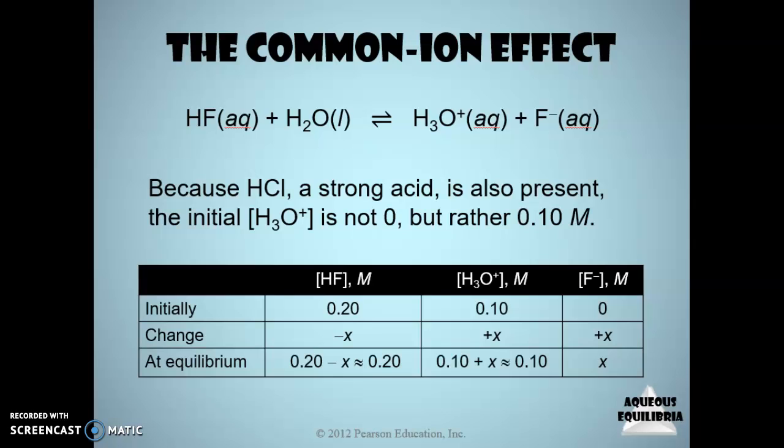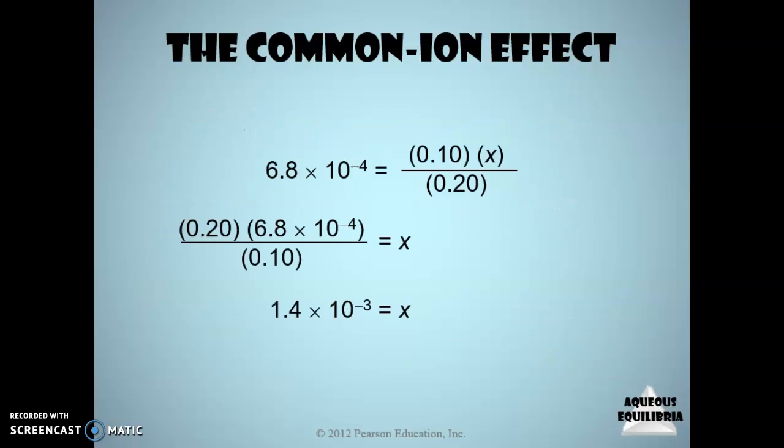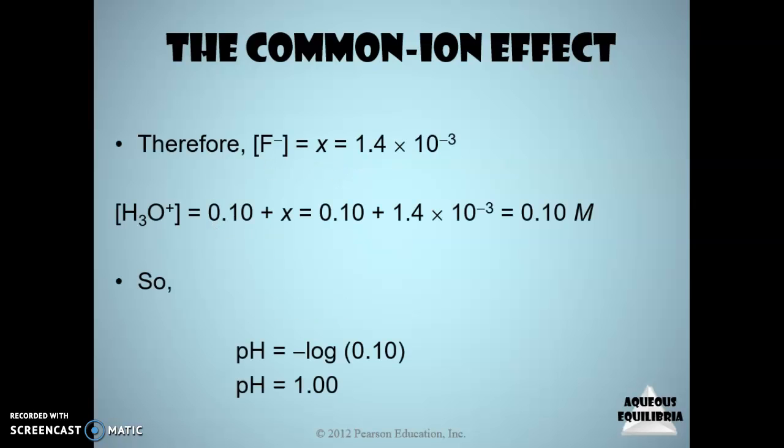So 0.2 minus X is still basically 0.2. 0.1 plus X is still basically 0.1. 0 plus X is going to be X, and that's the X we're going to solve for. So we put that into our Ka expression: 6.8 times 10 to the minus 4 is going to equal 0.1 times X divided by 0.2. That tells me that X is 1.4 times 10 to the minus 3. X was our fluoride, so our fluoride concentration is 1.4 times 10 to the minus 3.